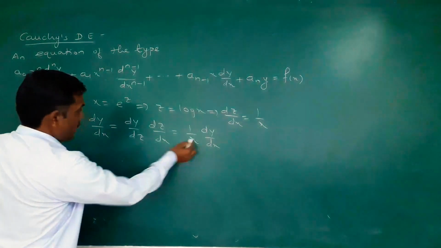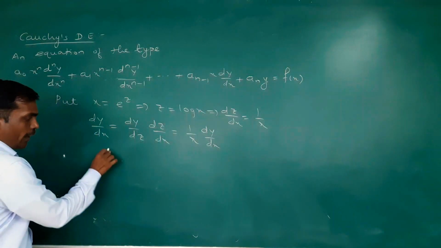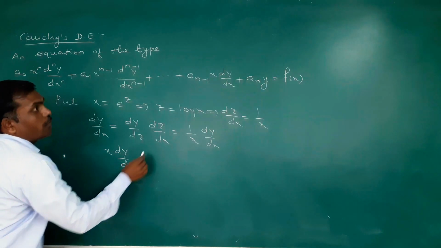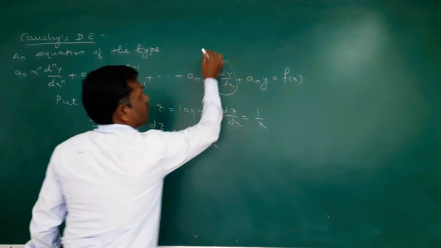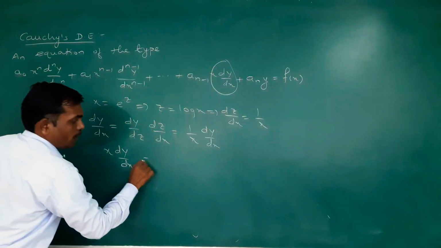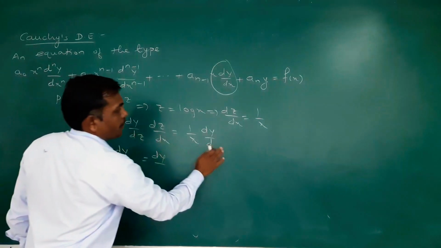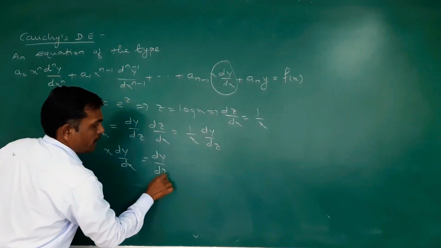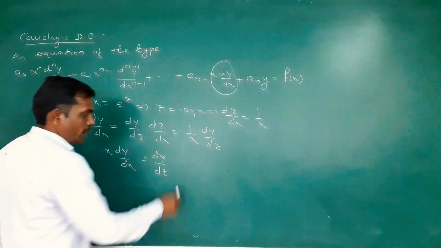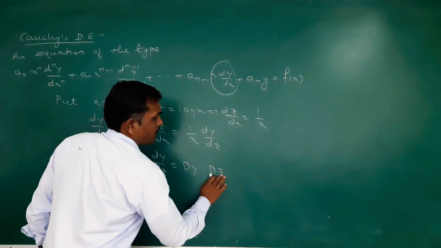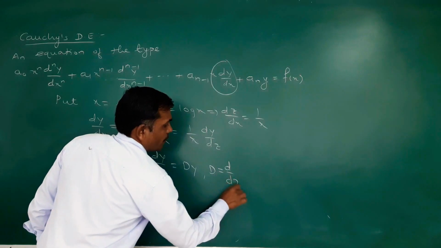Now I transfer this x to the LHS. So x into dy by dx, see, I want this term, x into dy by dx, is equal to dy by dz, which is equal to capital Dy, where capital D is d by dz.